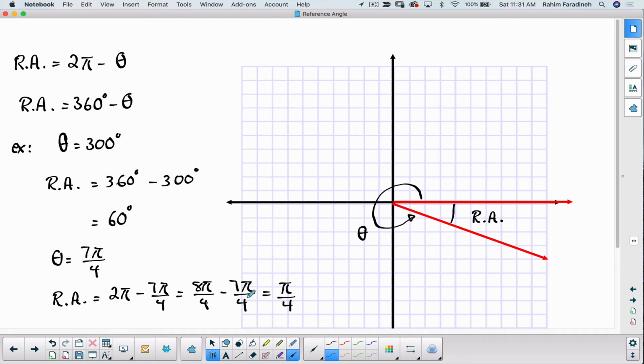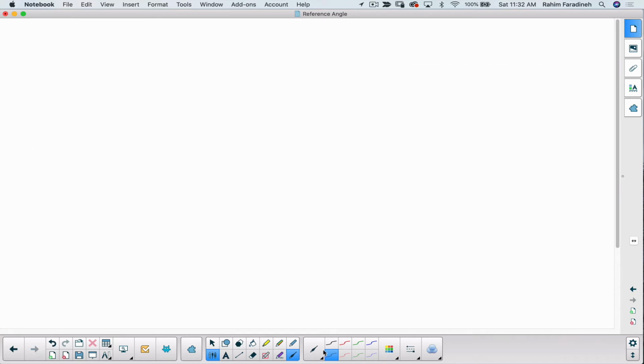Now, what are we going to do if our angle is not in a standard position? What are we going to do if theta is actually a negative value? So I want to find the reference angle for angle theta equal to negative 150 degrees.